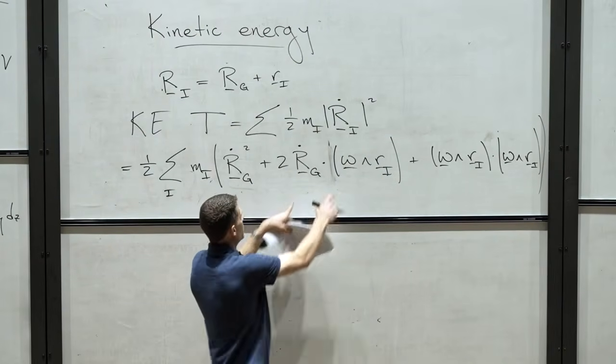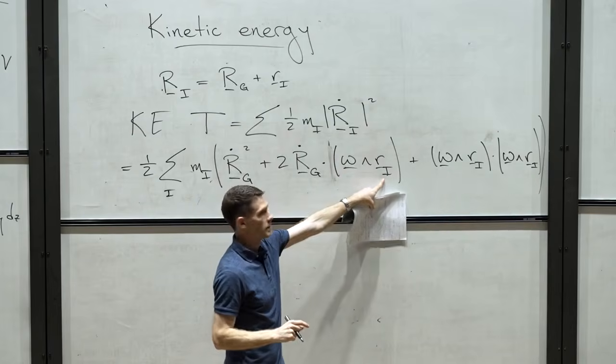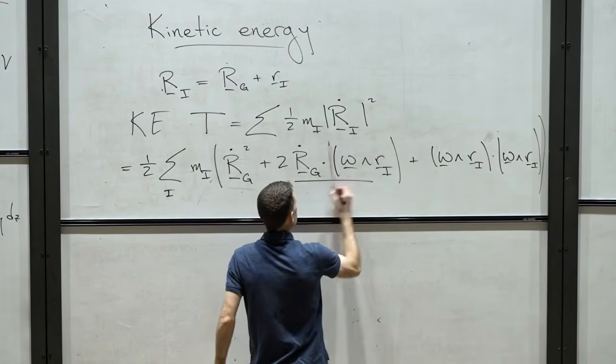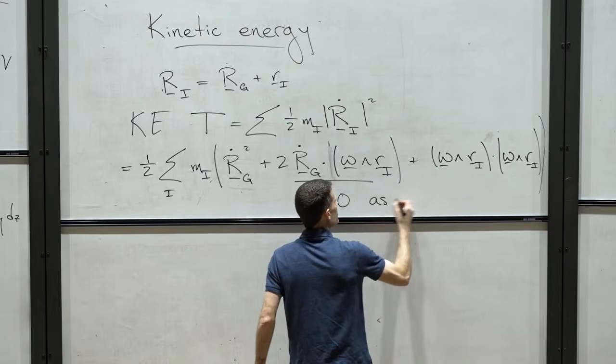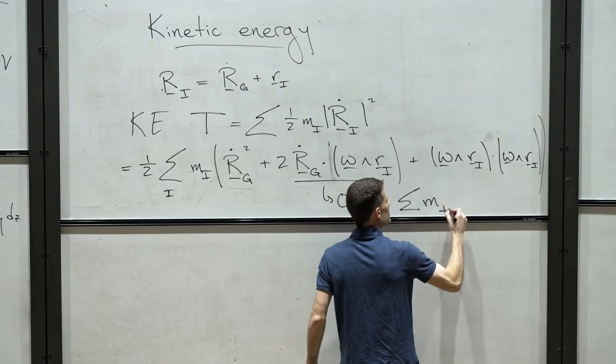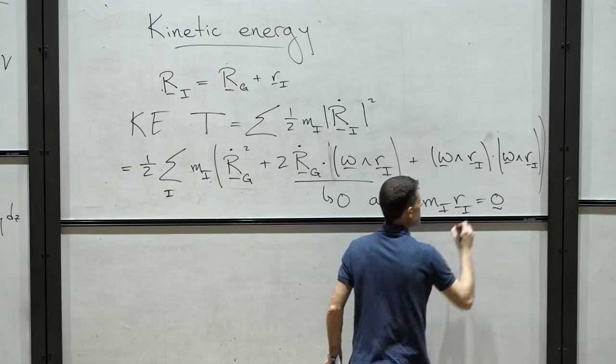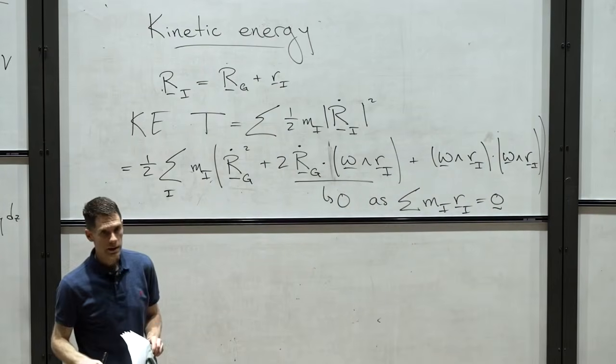So you can pull those two things out of the sum, and the sum sums to 0. So this whole term is 0. And again, that would not have worked if we were not at the center of mass.